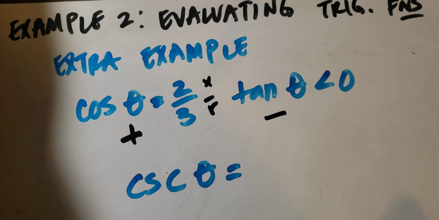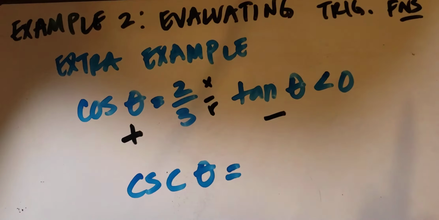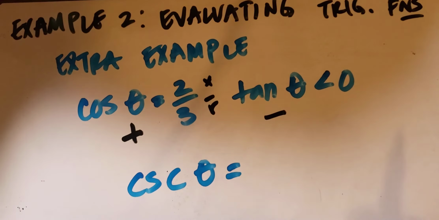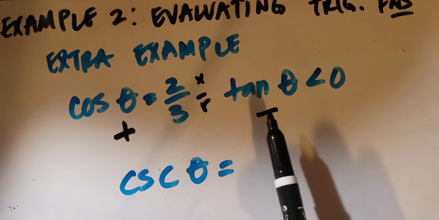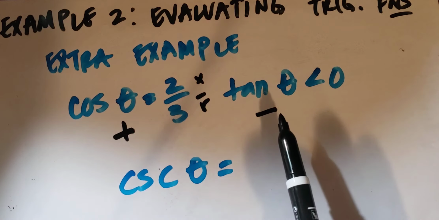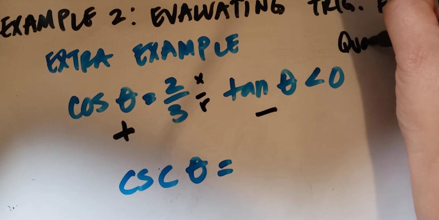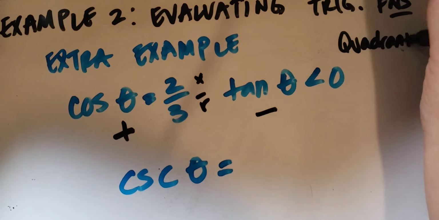And if you look, that should be in either quadrant 1 or quadrant 4. But now you're going to narrow it down to where tangent is negative. And then tangent's negative at quadrant 4. So we are going to be concentrating on quadrant 4.